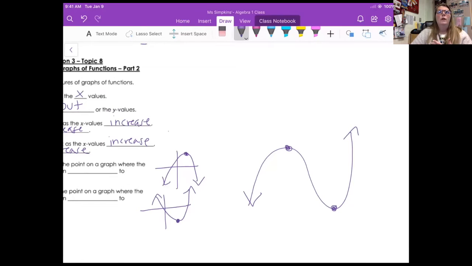So you could have one or the other, or both, depending on the graph. You don't need to write in the blanks.